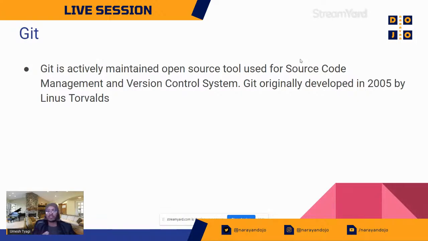Due to this, any changes made to the source code were unknown to other developers, and there was no communication between developers. To resolve these issues, Git came into the market. Git provides source code management and version control systems.